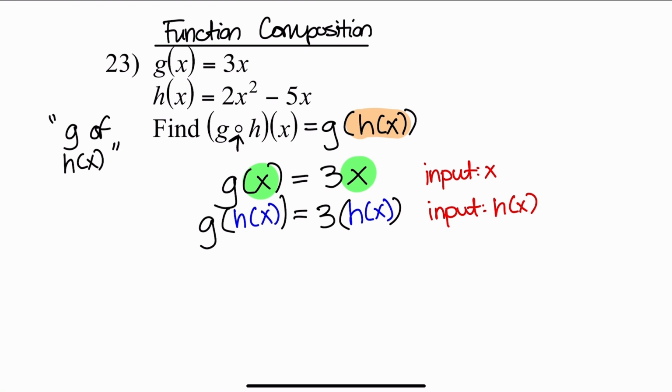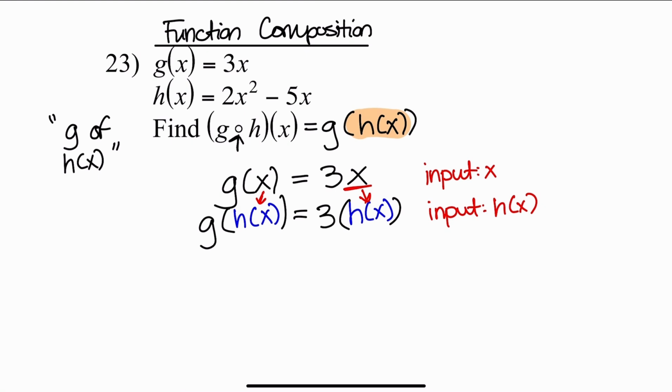The 3 stayed the same. Nothing happened to my 3. It's still 3 times something. The only thing we changed is the x. The x became h of x, okay?